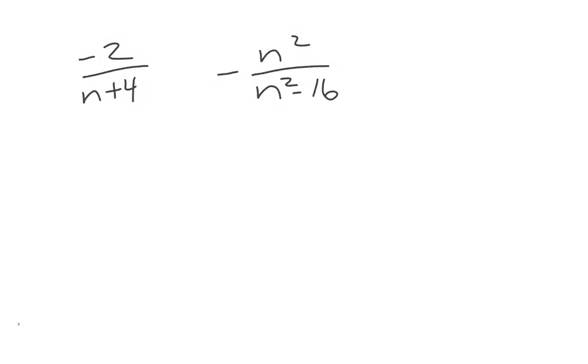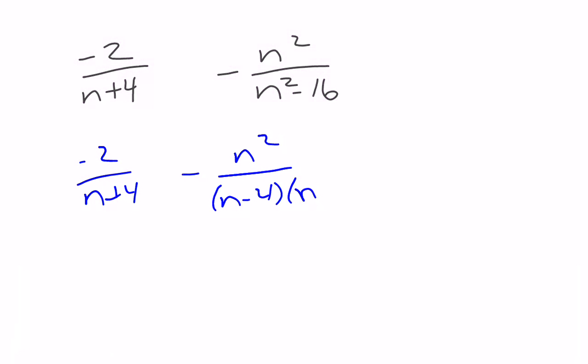The last two were more complicated because once I combined my numerators, I could still factor. So for the most part, we needed to factor the denominator, so that would be n plus 4 in this problem. Mostly we saw that I already have an n plus 4 in both, but my first one does not have an n minus 4.